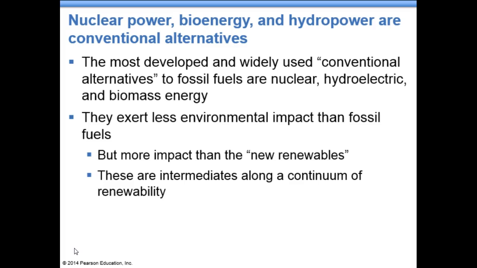Nuclear power is commonly considered a non-renewable energy source. Hydropower and bioenergy are generally described as renewable, but the reality is they're much more complicated than this, so we view them more as an intermediate along a continuum of renewability.